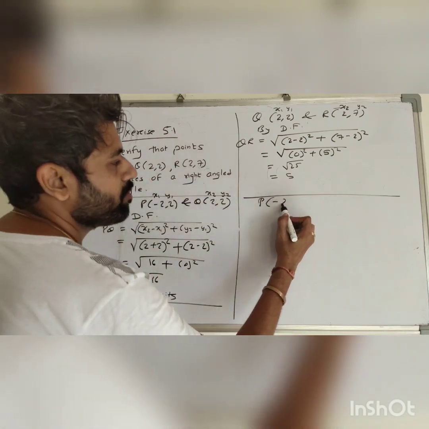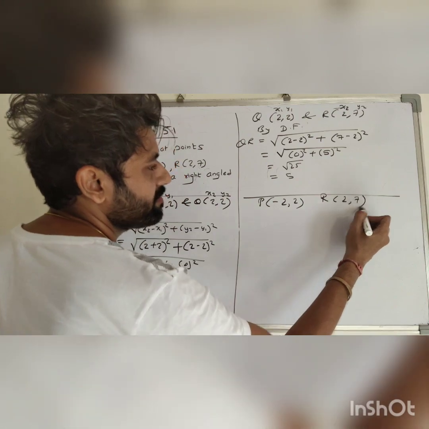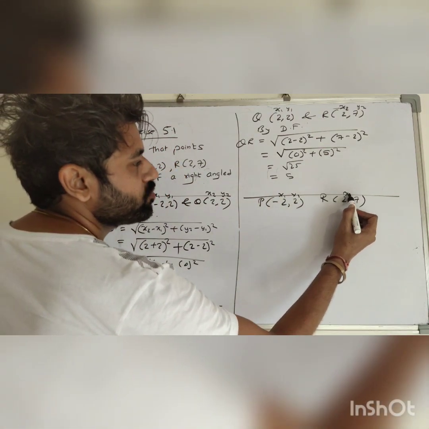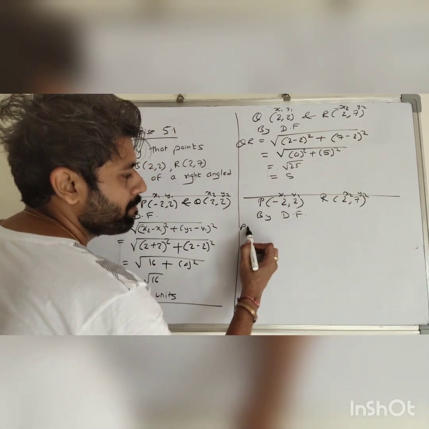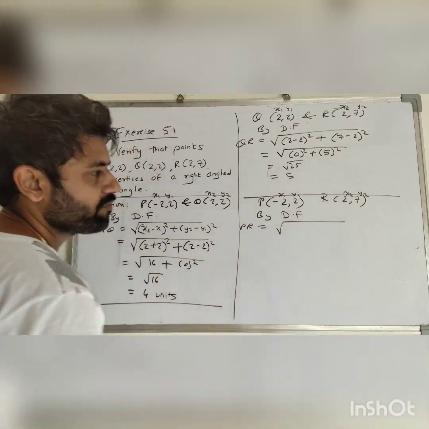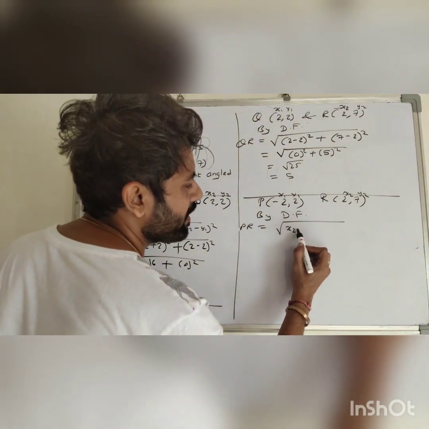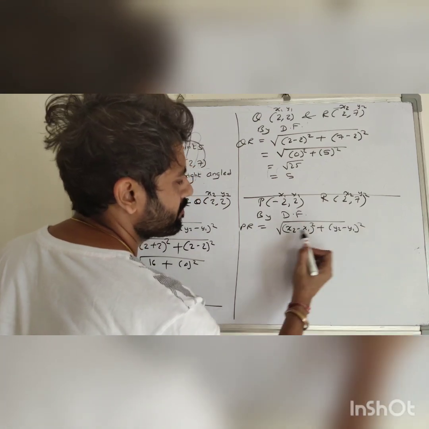P(-2, 2), R(2, 7), x1, y1, x2, y2. By distance formula, PR is equal to the whole root of, if you want you can write the formula, (x2 minus x1) the whole square plus (y2 minus y1) the whole square.